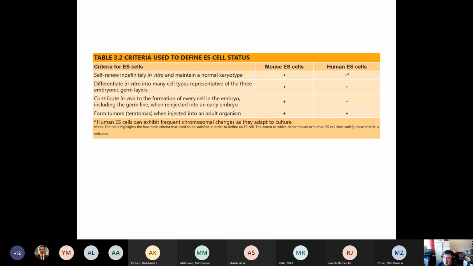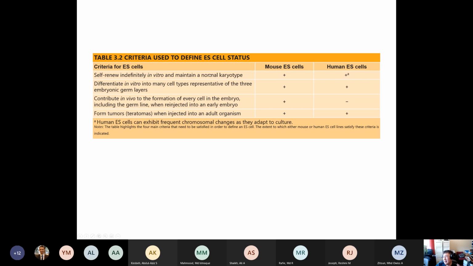So that's why the mouse embryonic stem cell was established in 1980, 1981. The human embryonic stem cells was first established in 2008. That's about 20 years later, 18 years later. But I would like to give you a comparison and also the criteria of pluripotent embryonic stem cells.